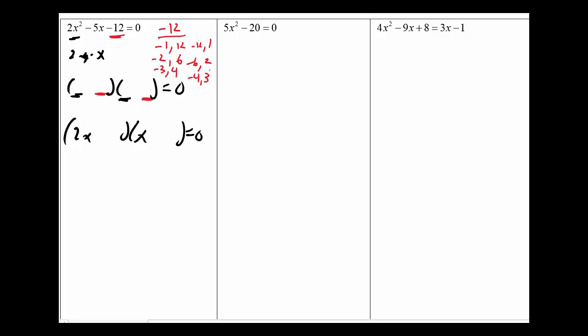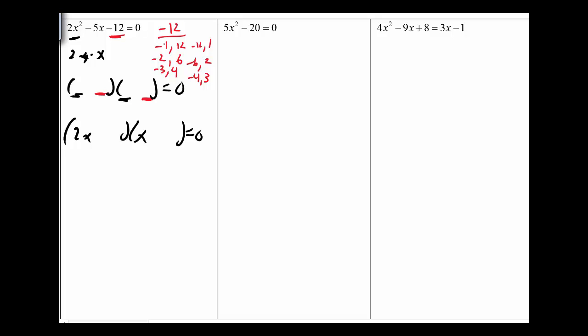One technique that I liked when I played around with factoring was to just guess and check. So I've got 3 different combinations, and I've got 2 different places I can stick things. I know it's going to be 2 times something, so I'm going to have to double it. So I'm looking for, if I double one of these numbers and then add it to the other, can I get a negative 5 out of that? Let's see, if I double 1, I get 2.